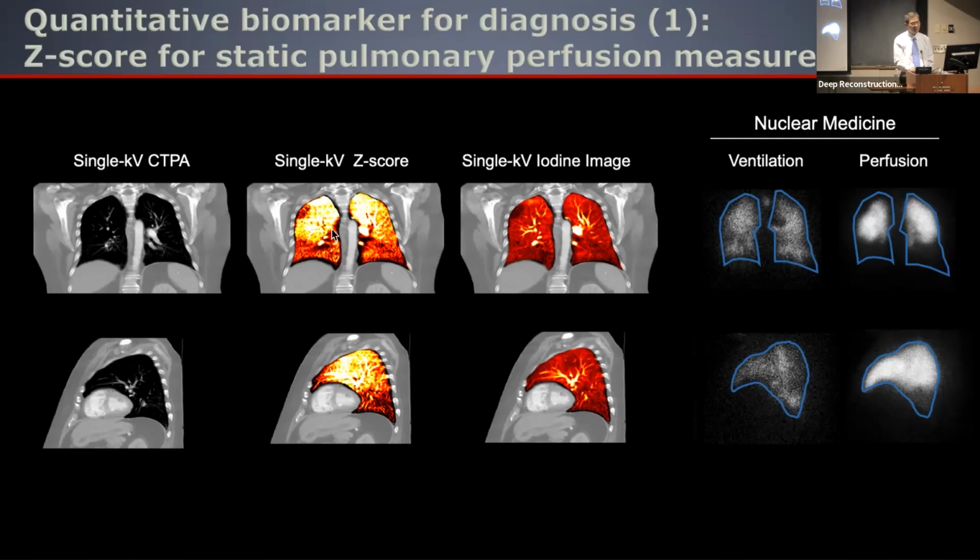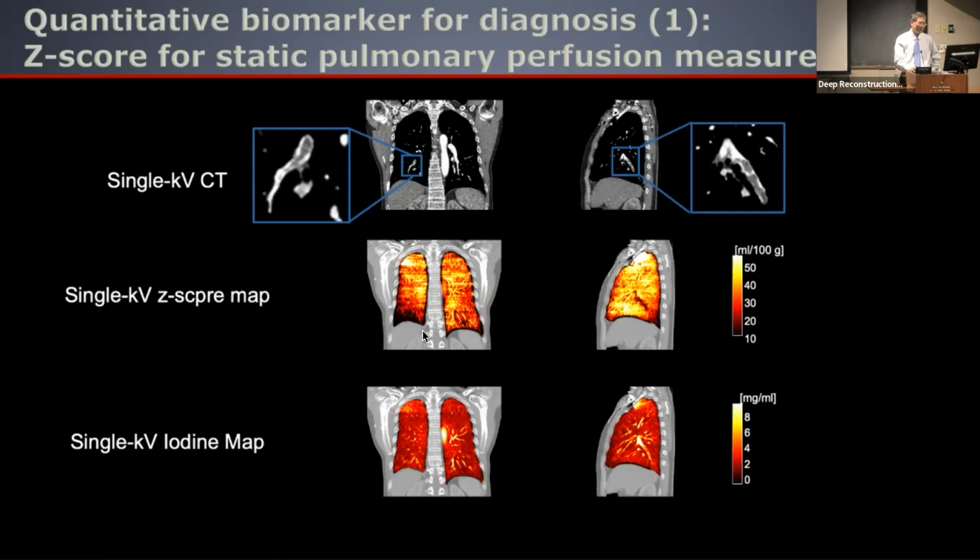But in this score, it's much more specific. And you can compare this with nuclear medicine studies. You can clearly see there's a mismatch between the V and Q images. So that really shows the bottom part is a perfusion defect.